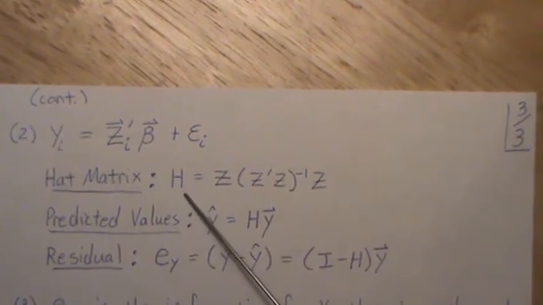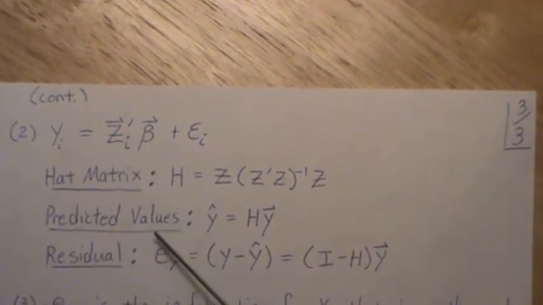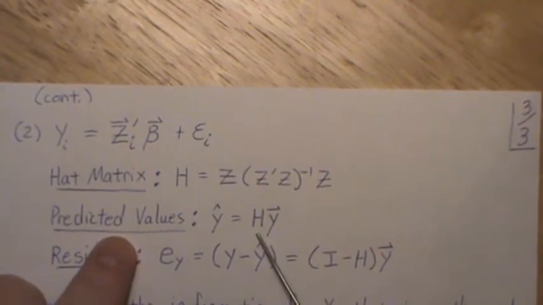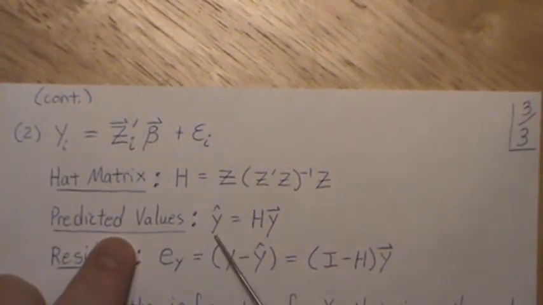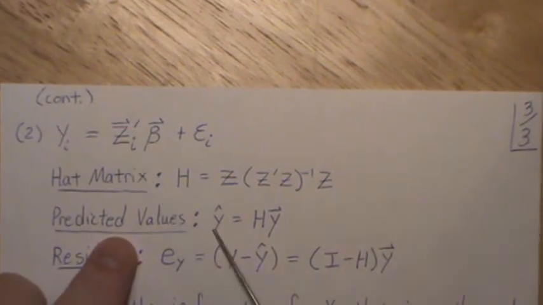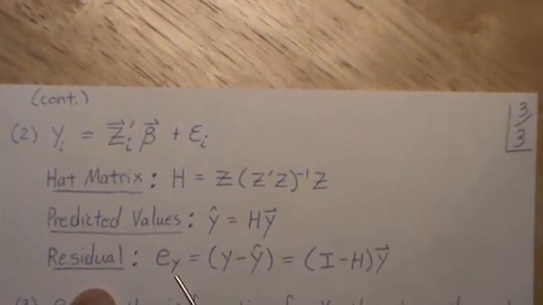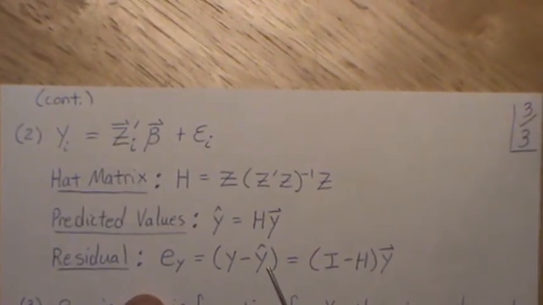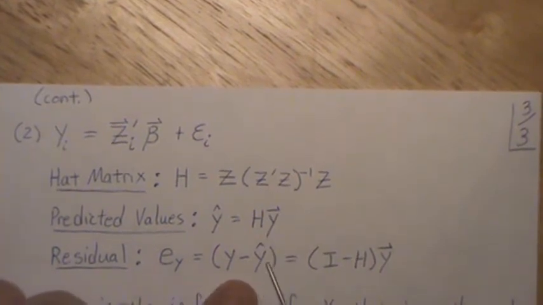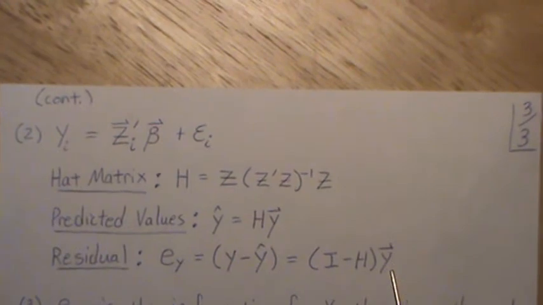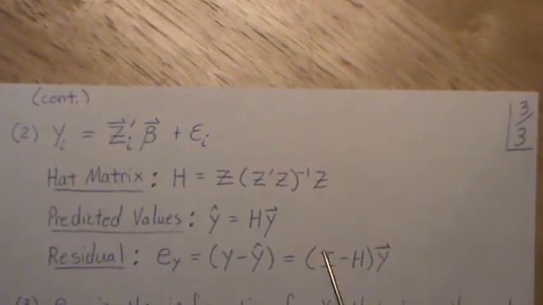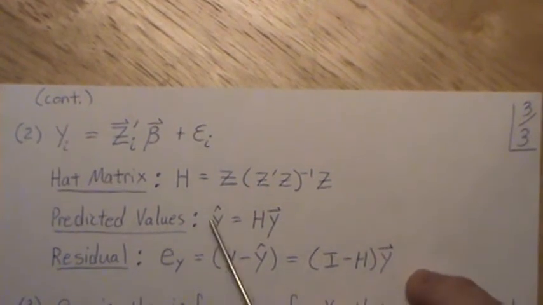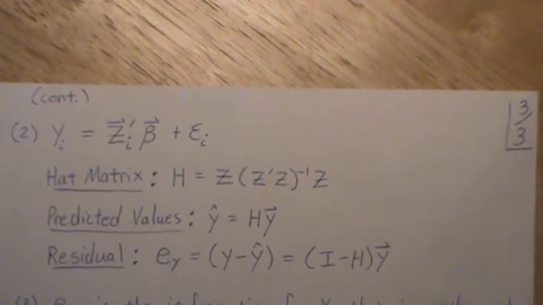This is a perpendicular projection matrix onto the column space of Z. So to find the predicted values, we pre-multiply Y by H, and that gets us a vector of predicted values that actually live in the column space of Z. Now to calculate the residuals, we'll call it EY, we take our data Y minus the predicted values, and if we replace what Y hat is, we can right factor out a Y. So we're pre-multiplying Y by I minus H, which projects this Y vector onto the orthogonal complement space of the column space of Z.